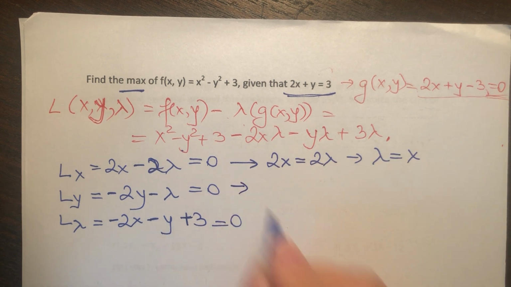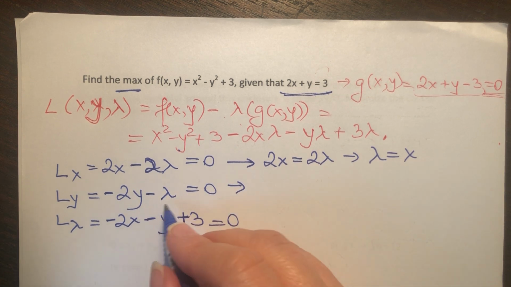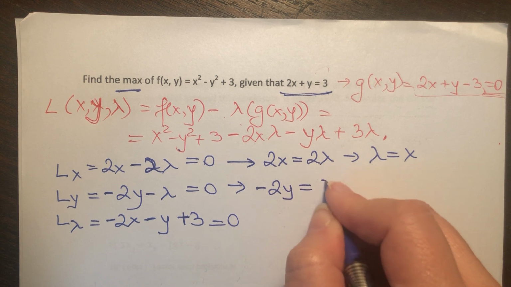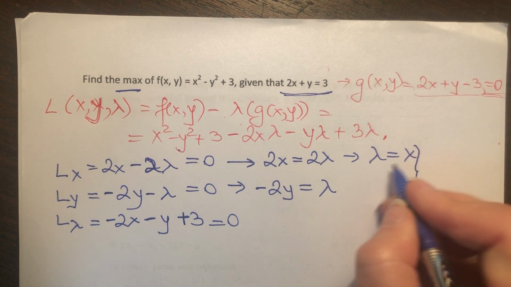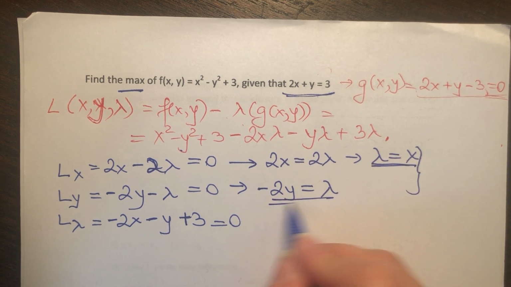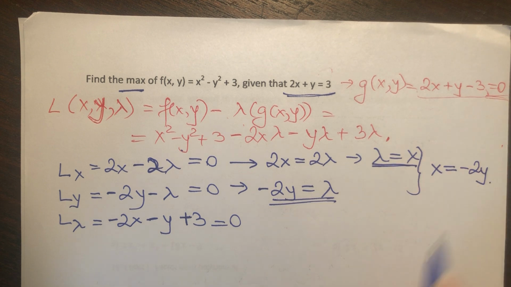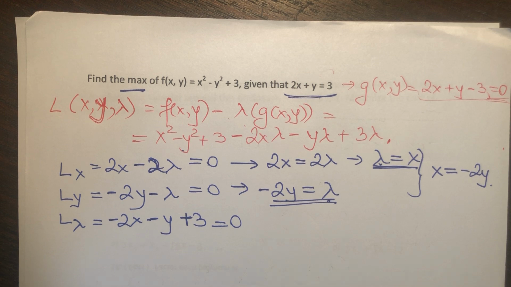The second equation, negative 2y minus lambda, means negative 2y is equal to lambda. I already have lambda by itself. So what do I do out of these? Lambda is x, lambda is negative 2y. That means x must equal negative 2y, right? So basically I replace the lambda with an x.